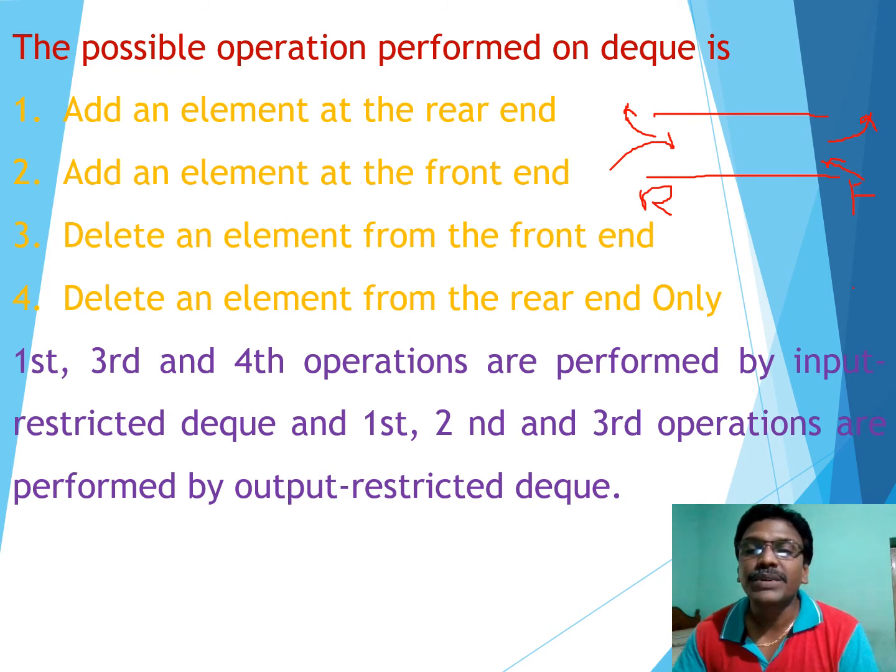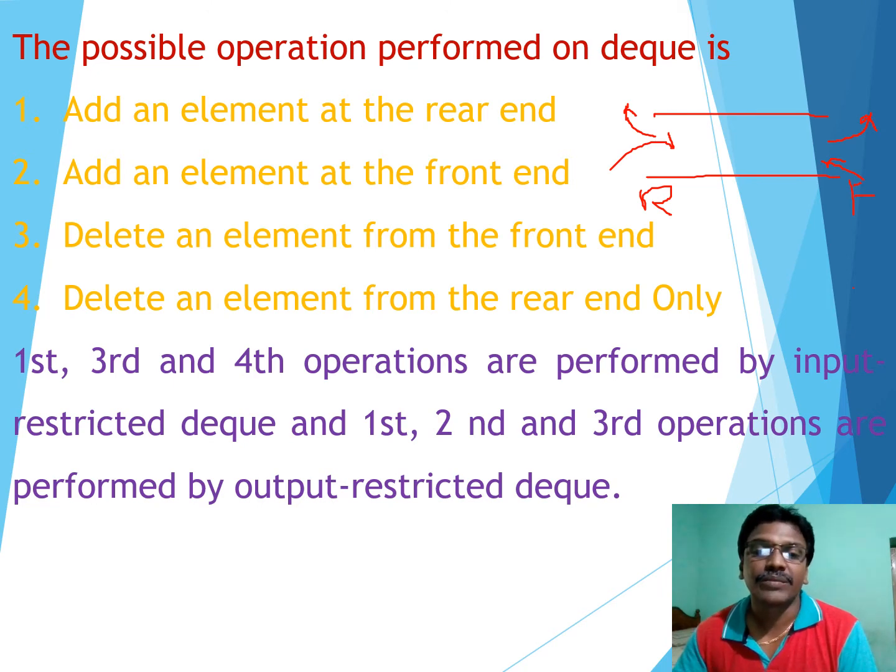Because the input restricted deque performs insertion at one end, and deletion can be performed at two ends. That's why the first, third and fourth operations are performed by input restricted deque, and the first, second and third operations are performed by output restricted deque, because in the output restricted deque insertion can be performed at both ends, front and rear, but deletion can be performed at only one end.